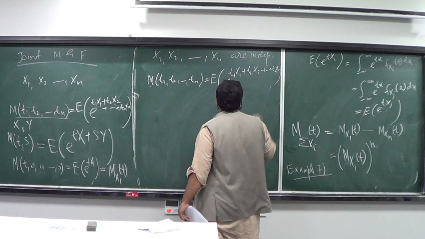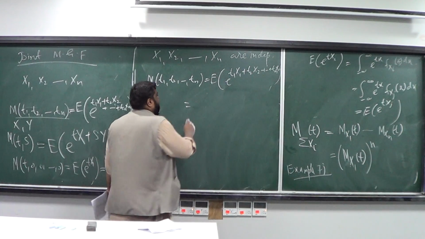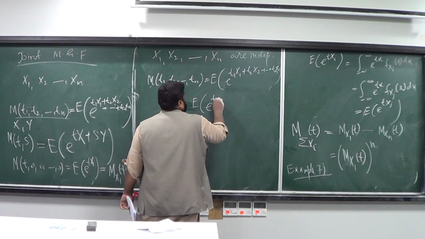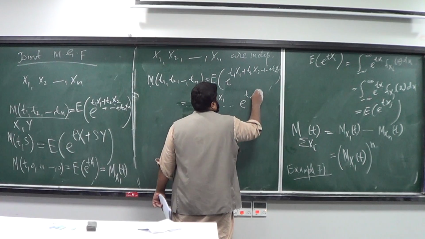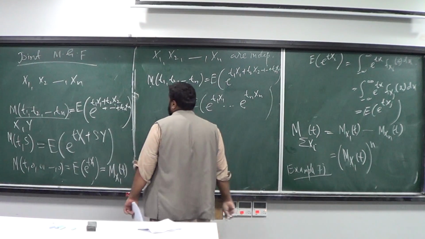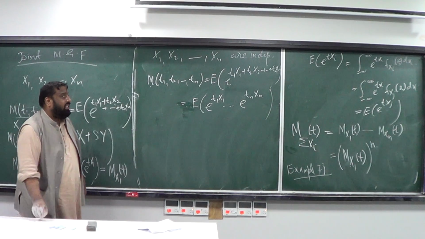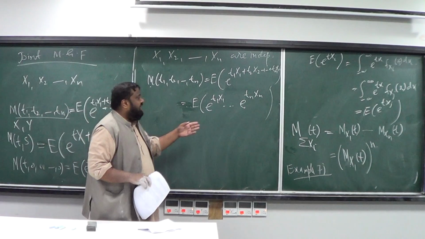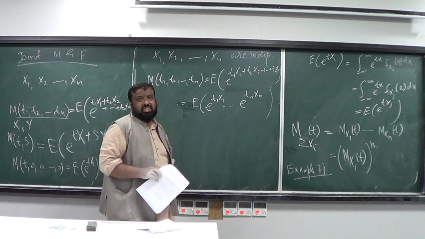But then I can also write this as the expectation of e to the t1 x1 times up to e to the tn xn. By the same previous argument, since x1, x2, up to xn are independent of each other, e to the t x1, e to the t x2, up to e to the t xn will also be independent of each other.